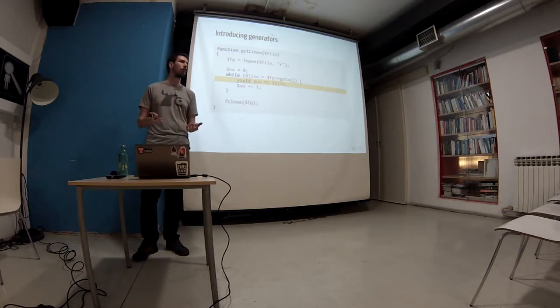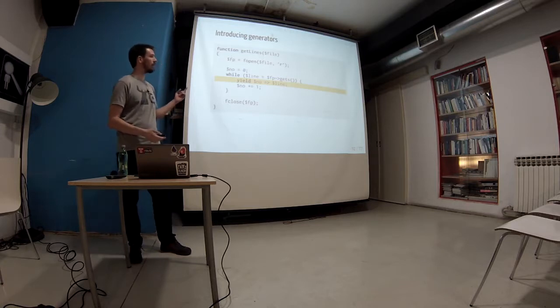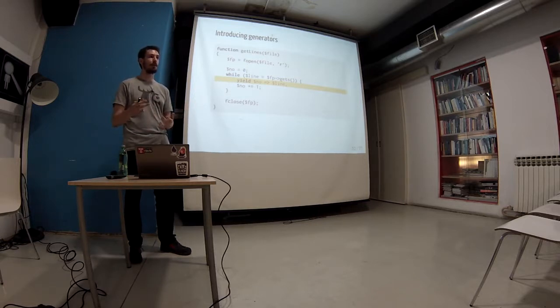If you don't want to use a for loop or a foreach, you can call next on an iterator. So in this example, the first time you call next, it will start executing and get to the first yield. It will return, you'll have the first line as the current element, and it will pause there. Next time you call next, it will just resume from the place it stopped.